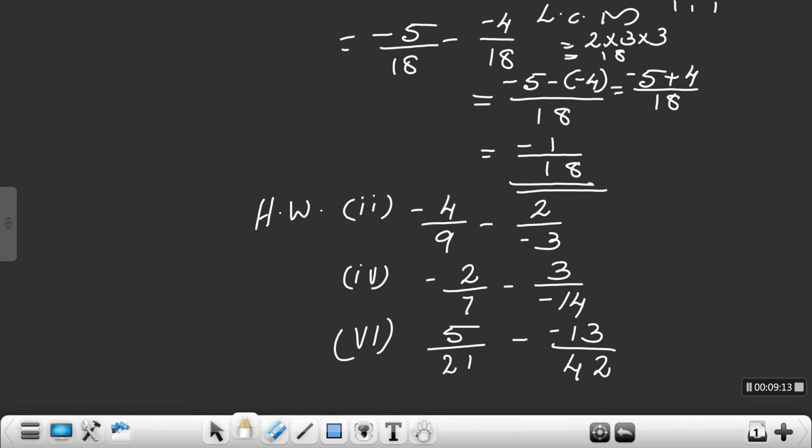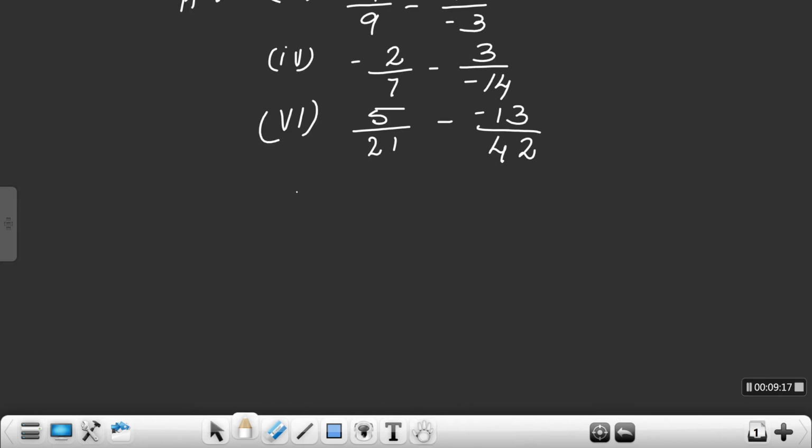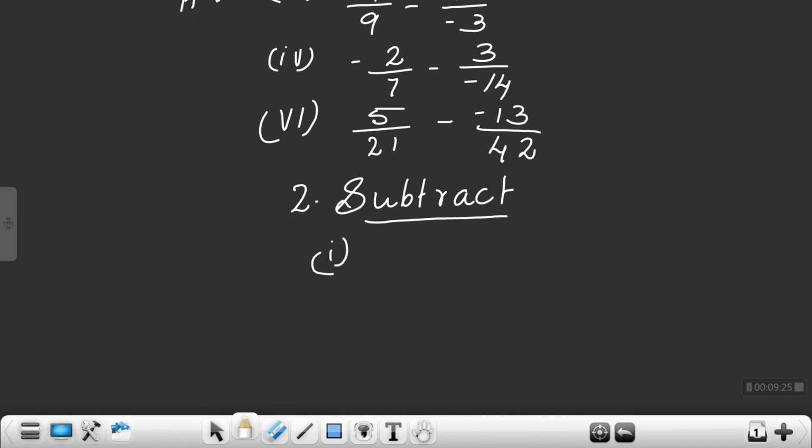Students, these are the homework questions for you. Second main question, subtract. First one, 5 by 8 from negative 3 by 8.